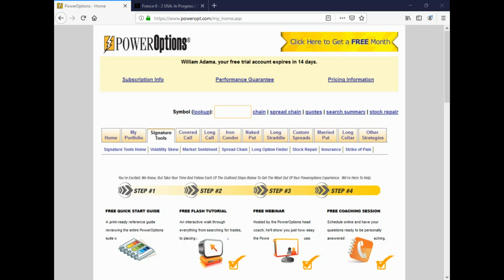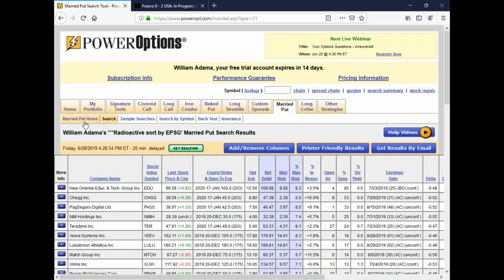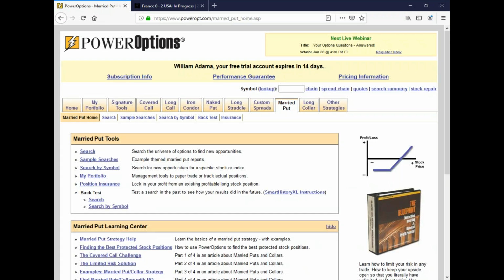Now, Jerry's question is related to the radioactive trading techniques and doing one of the income methods of the 12 that are listed. So the radioactive trading techniques, we start with a specific structure of a stock plus put combination to give us the preferred risk that we want, single-digit risk on any position.